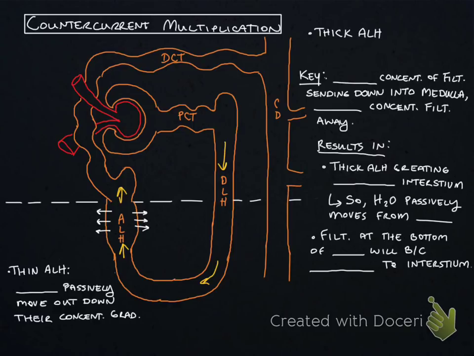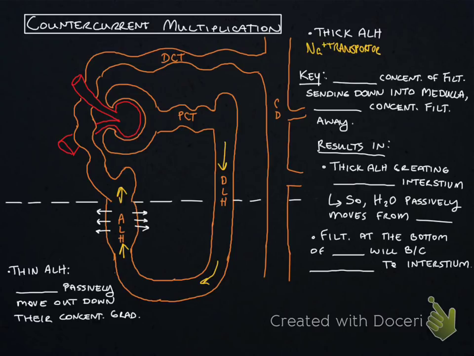Alright, so the thick ascending loop of Henle contains sodium transporters. So I've drawn the thick ascending loop of Henle sort of thicker.